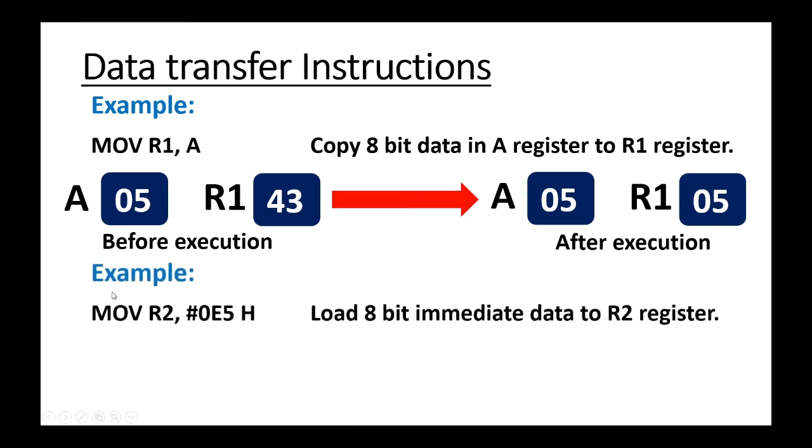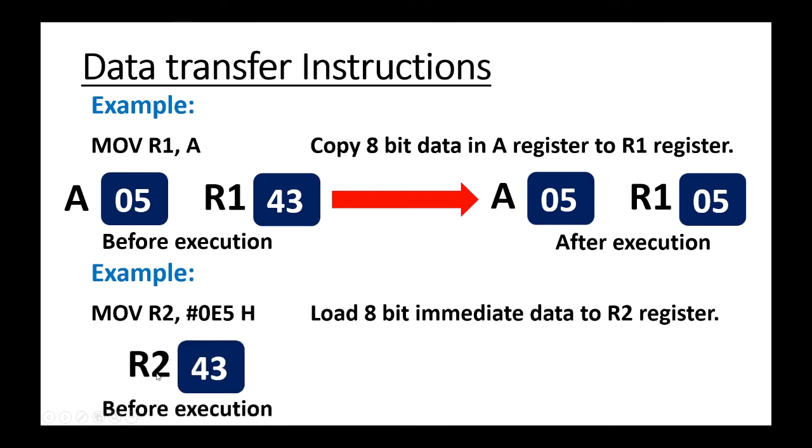Another example, MOV R2, #0E5H. I hope you remember the convention. That's 8-bit immediate data. This immediate data will be loaded into the specified register, which is here R2.